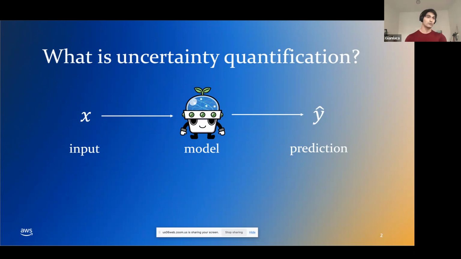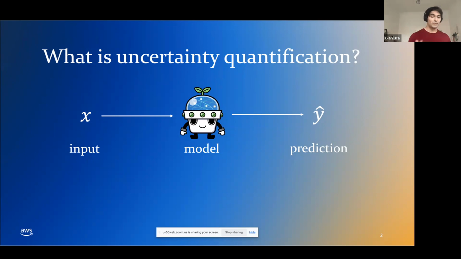This could be a black box, it could be a neural network, it could be a partial differential equation, whatever you can imagine. And this model usually will spit out a prediction, a point prediction that we denote as y hat. Okay? So for example, if the model is trying to distinguish between dog and cats, it will say, okay, this is a dog, right?